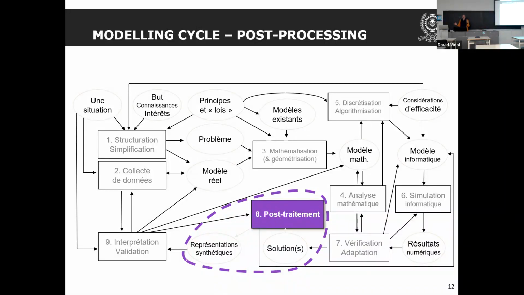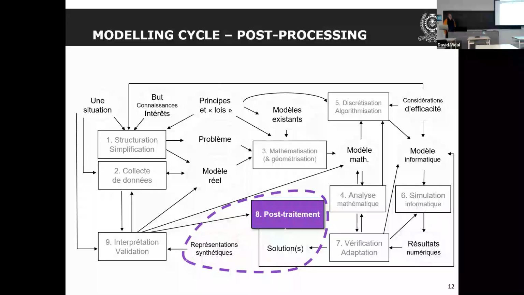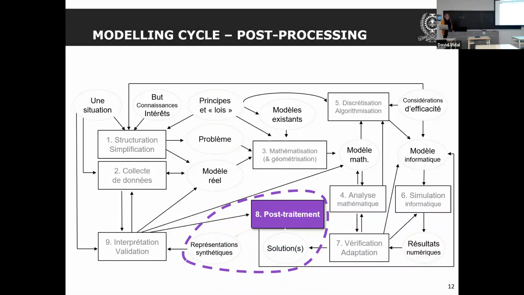Sometimes you need to do some integration of those fields to get meaningful data. This is the post-processing part, in which you integrate the fields and get some synthetic representation of the results that you are looking for, for example the drag on an airfoil, the permeability of a porous medium, and so on.